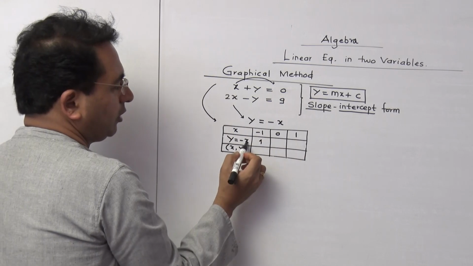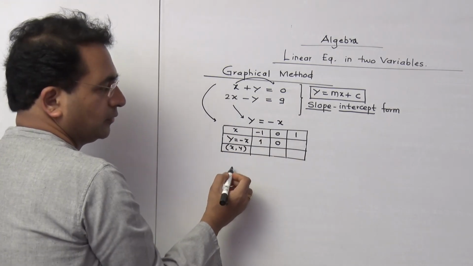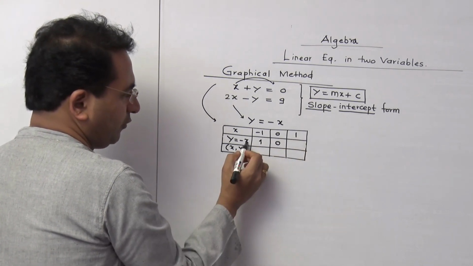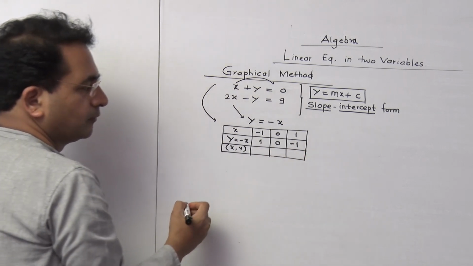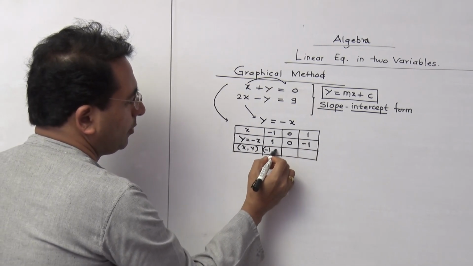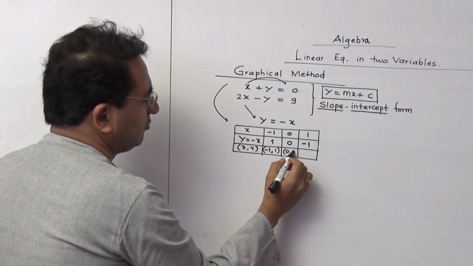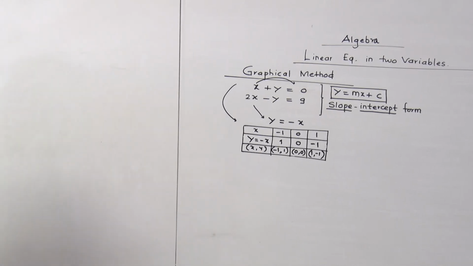If I put 0 here, minus 0 is nothing but 0 only, so I write 0. And if I write 1, then it is going to be minus 1. So that will give you some points here: minus 1 comma 1, then 0 comma 0, then 1 comma minus 1.